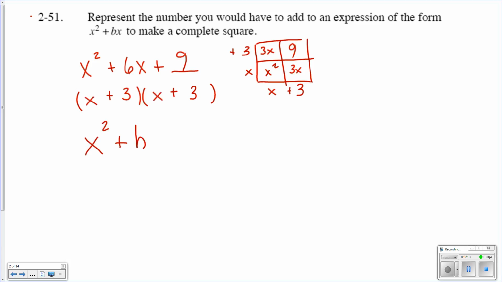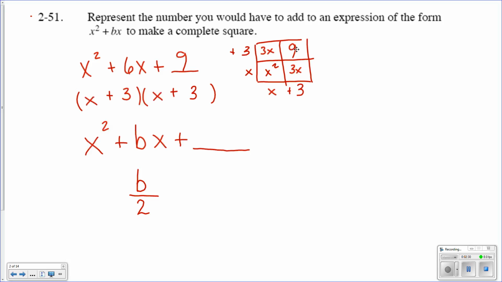So as we look at the problem they've given us, the model x squared plus bx plus blank, we know that this term would have to be split into two parts. So we need to take our b and divide it by 2. We would have ended up with the dimensions out here, and we multiplied them by each other to get this number.